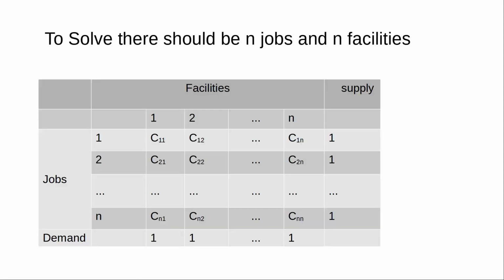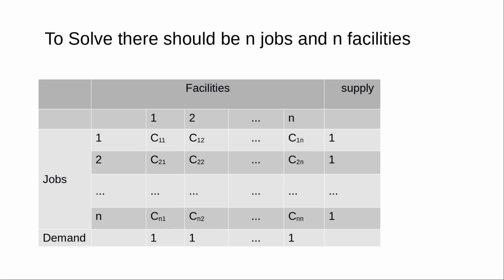Now on this table, in the rows we have the jobs and in the columns we have the facilities. Column number 1 is facility number 1, column number 2 represents facility number 2, and in the rows, row number 1 is associated with job number 1, and so on. If job 1 is assigned to facility 1, the cost associated to that would be C11.